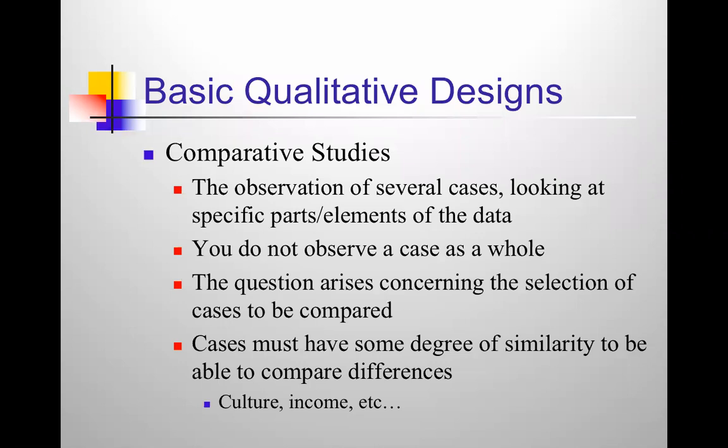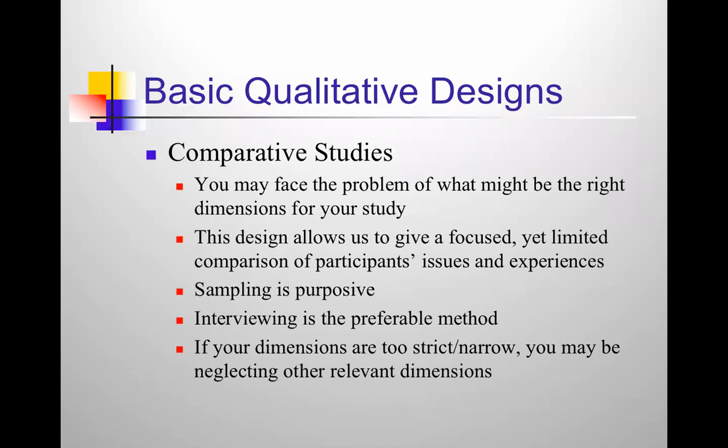So you have to find a balance between all of that. Interviewing is going to be the preferable method of comparative studies, possibly observation, depending on the question. You also want to make sure that your study is not too narrow, but also not too broad. So it has to be somewhere in the middle in order to make decent comparisons between the cases.